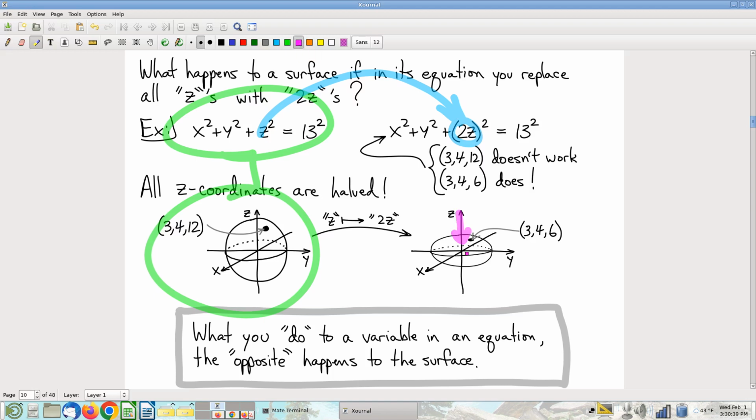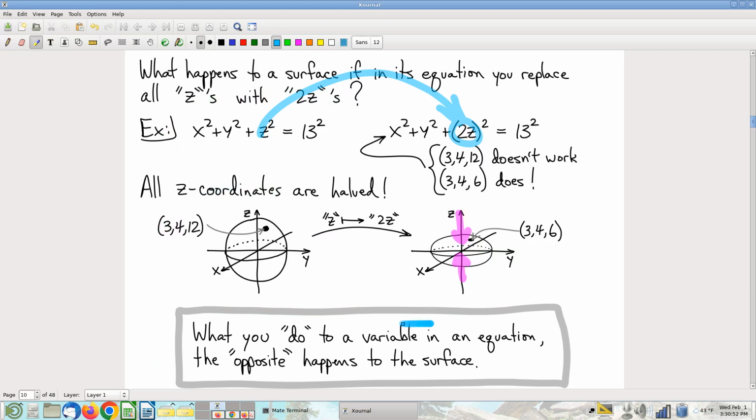And in particular, what we argued last time was that this kind of vertically smushes the surface, kind of squishes it in the vertical direction. So, the general pattern that we're noticing is that whatever you do to the variable in the equation, here I replaced all the z's with two z's, I introduced a factor of 2 in the equation connected to the z.